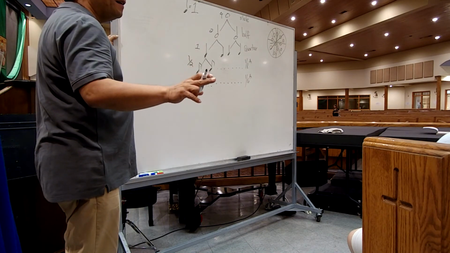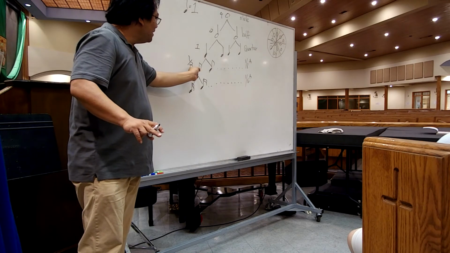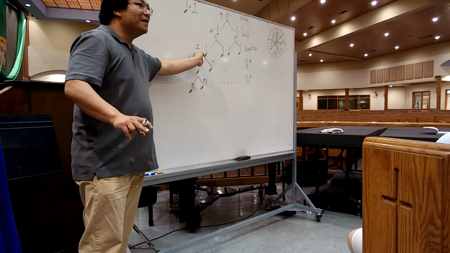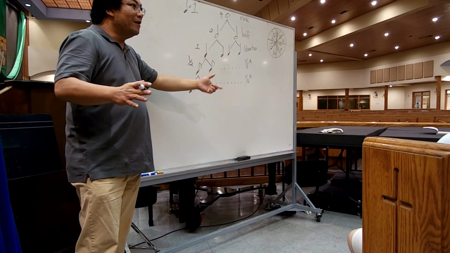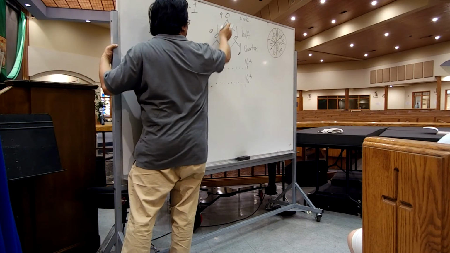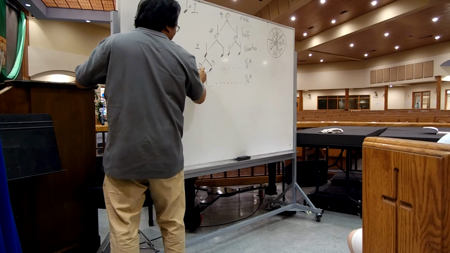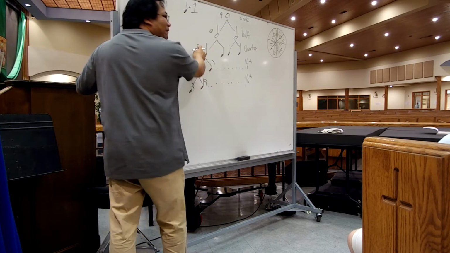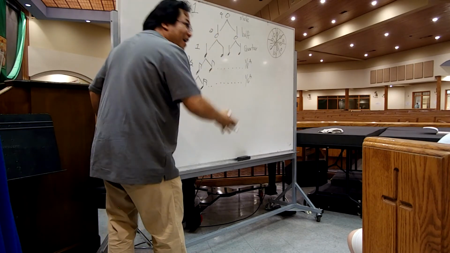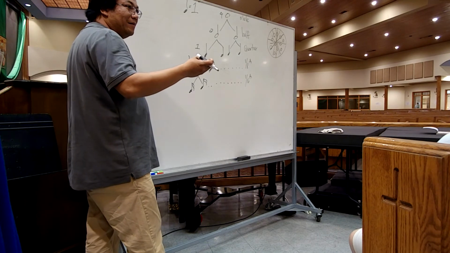Everybody understand that? Do you know why this is half of this? No? Remember the pattern? This is half of that. This is half of that. This is half of this. So what's half of one? Half. Two halves to make one, right?